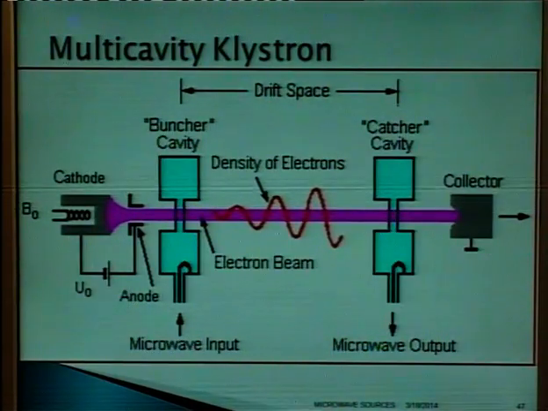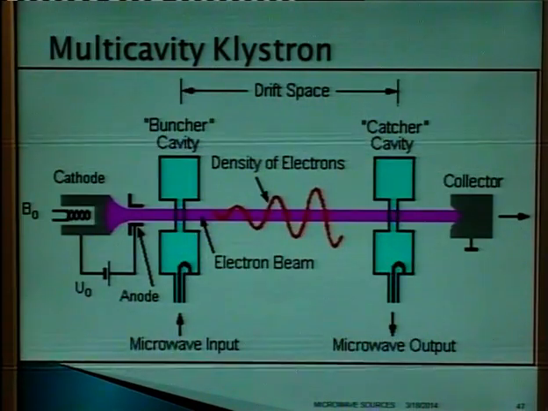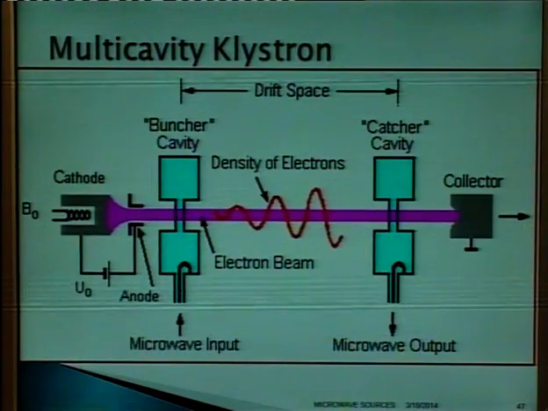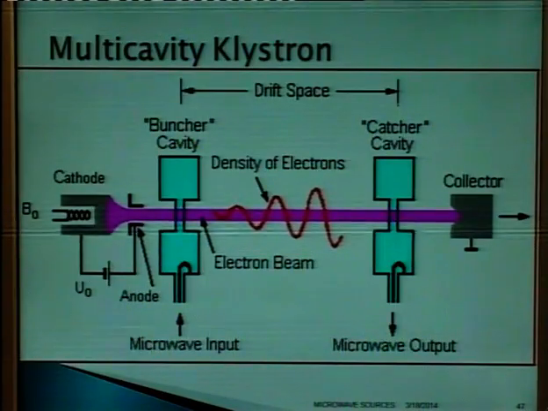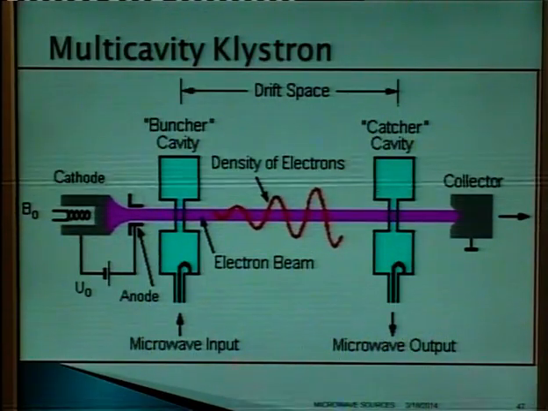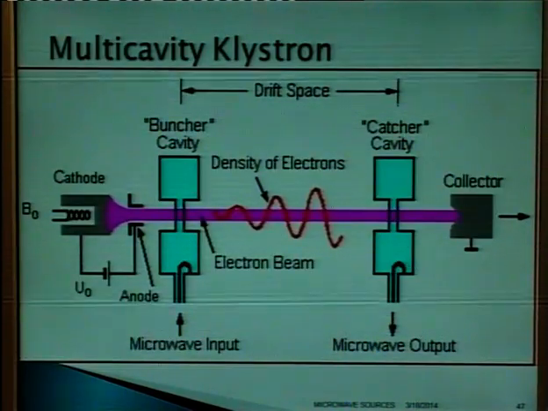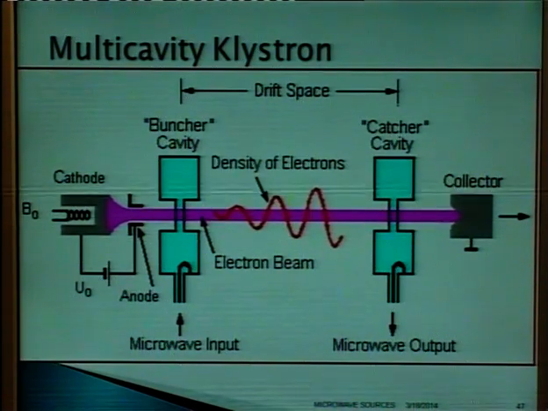The electrons emitted from the cathode form bunches in the buncher cavity and then drift towards the catcher cavity. At the catcher cavity they are totally retarded and the energy is liberated from these bunches, and we are getting the amplified signal at the microwave output.